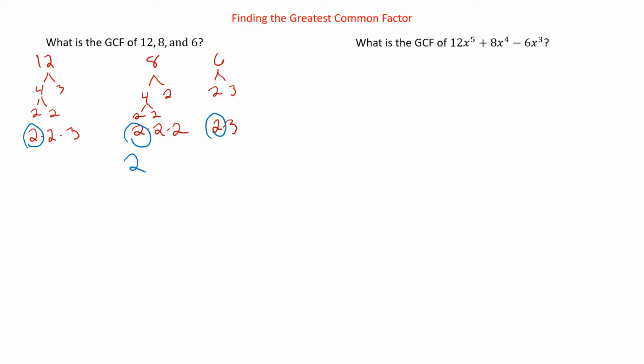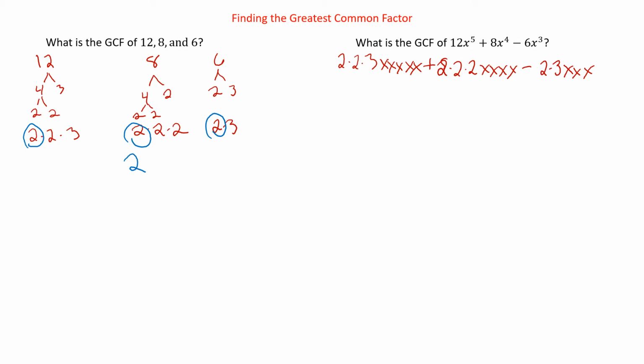So notice we have 12, 8, and 6 again. 12 was 2 times 2 times 3, and then we have x to the fifth, which is x times x times x times x times x, plus 8x to the fourth. 8 was 2 times 2 times 2, and then x to the fourth is x times x times x times x, and minus 6x cubed. 6 was 2 times 3, and x cubed is x times x times x.